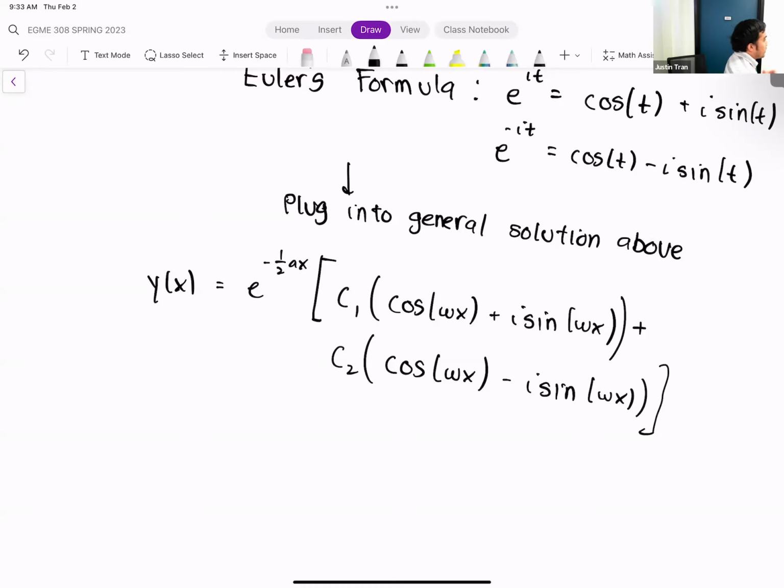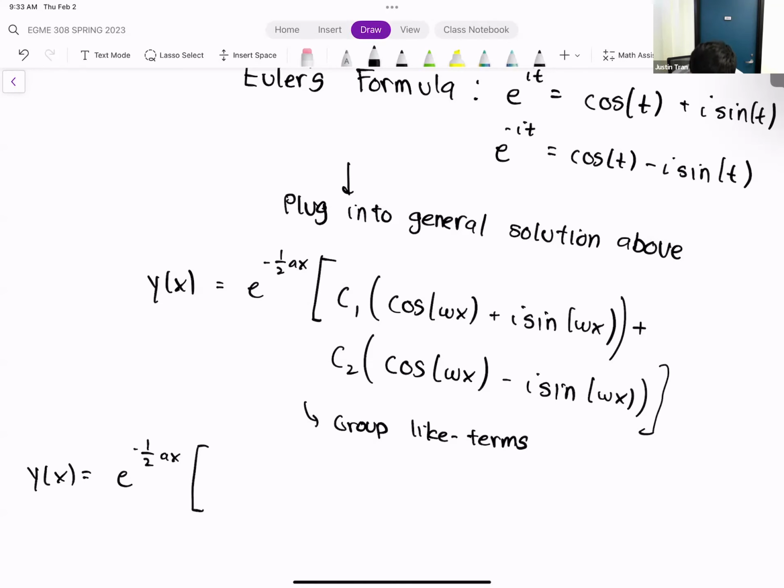All right, let's group together some like terms. All the sine terms, let's group together, and all the cosine terms, let's group together. Group like terms, we have y of x equal to e to the minus 1/2 ax.